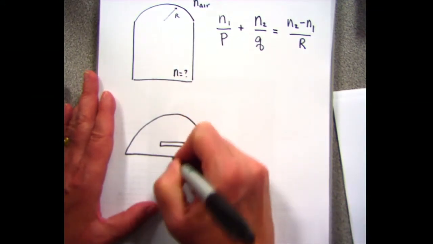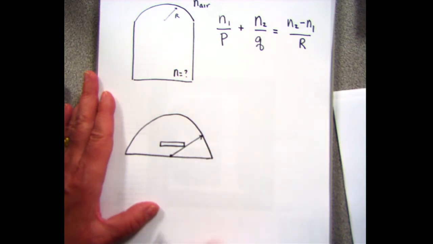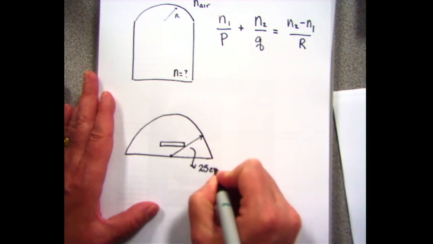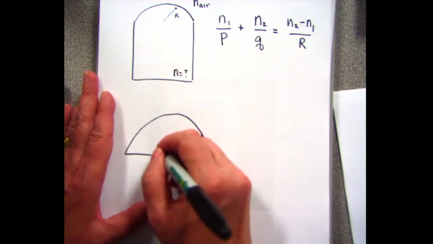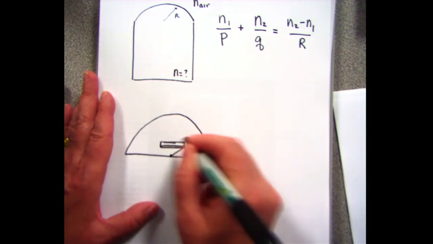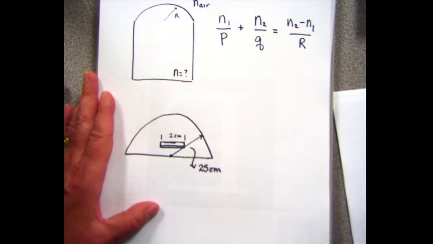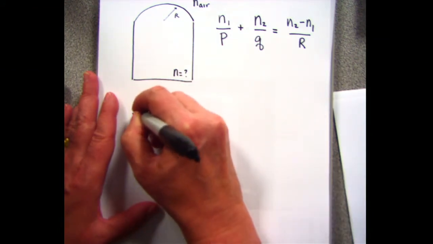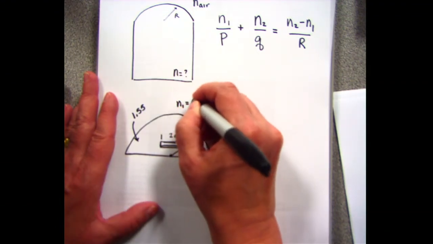And this radius of curvature of my thick lens, we're going to say, is 25 centimeters. This object in here is going to be 2 centimeters. That's what we're putting in. The index of refraction of the glass is going to be 1.55. Air is going to be 1.